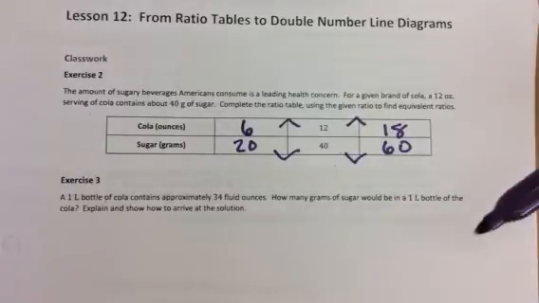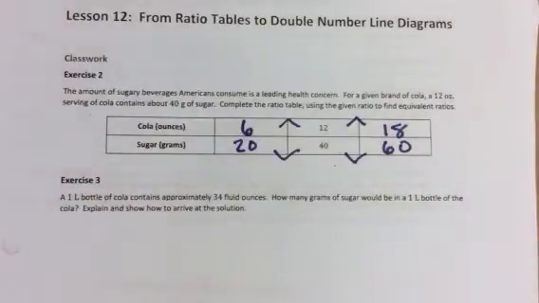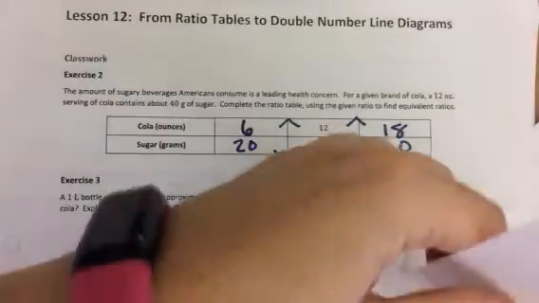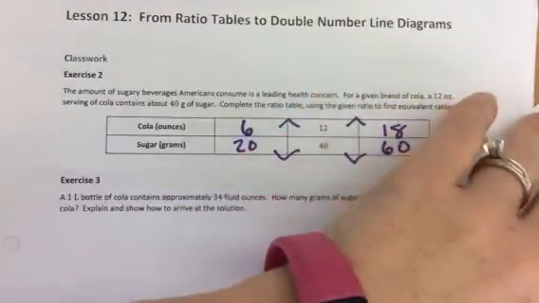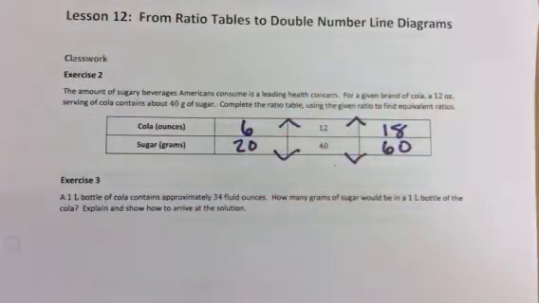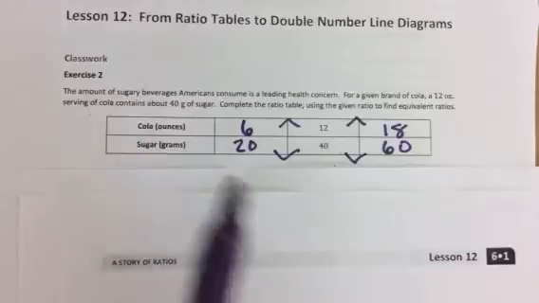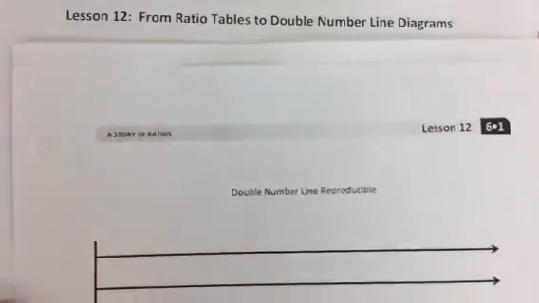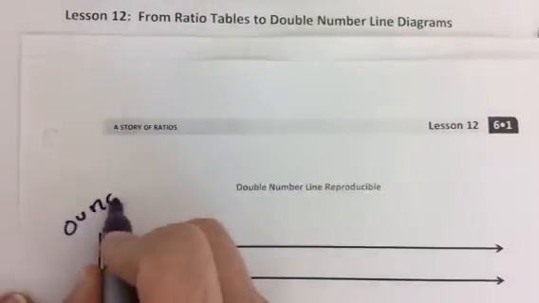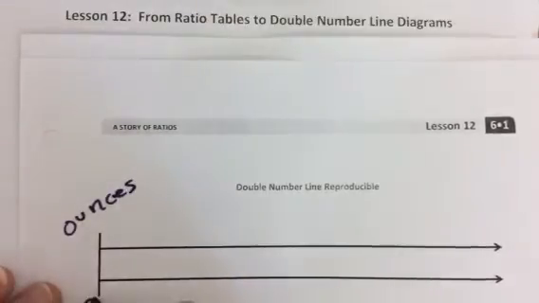So we're going to continue by doing exercise 4. And we started to talk about how we could use a double number line approach. To use a double number line, if you want to use the same one you used on Friday, you can, or we can recreate another one. I'm going to make another one to remind you how to make a double number line. We're going to use the same units we used in the table: ounces and grams.